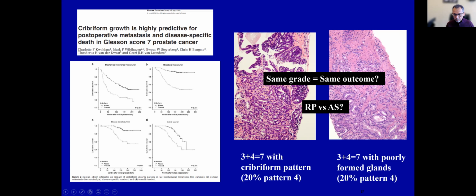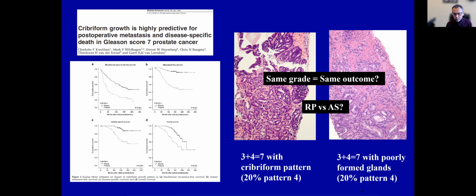Should a patient with cribriform morphology be offered radical prostatectomy, while those without cribriform morphology are offered active surveillance? Based on this data, patients with cribriform morphology invariably did badly compared to grade group 2 or 3 prostate cancer without cribriform morphology, which did well. I think that's an important question that still needs to be addressed thoroughly.